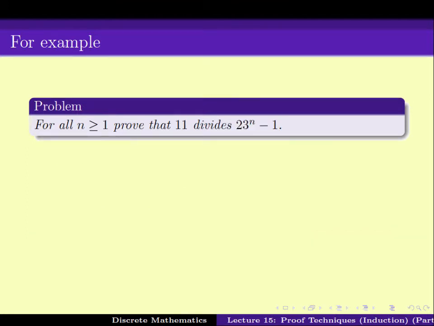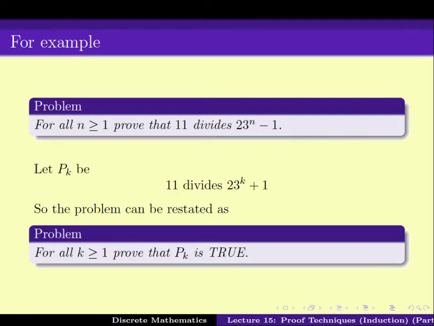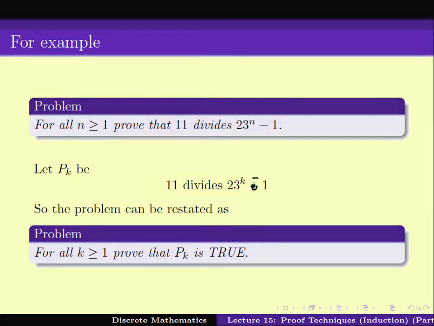Similarly, if the problem is, for all n greater than or equal to 1, prove that 11 divides 23 power n minus 1, we can split it up by, again, inducting on n, which means that we can say Pk is: 11 divides 23 power k minus 1, and we have to prove that this statement is true for all the Pk's.